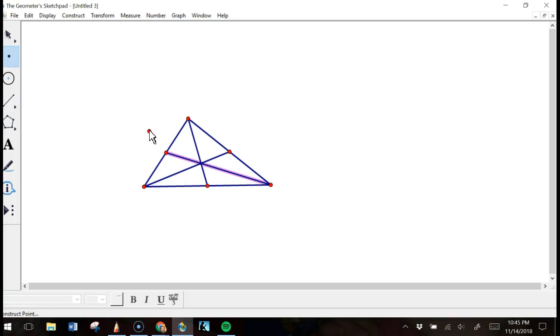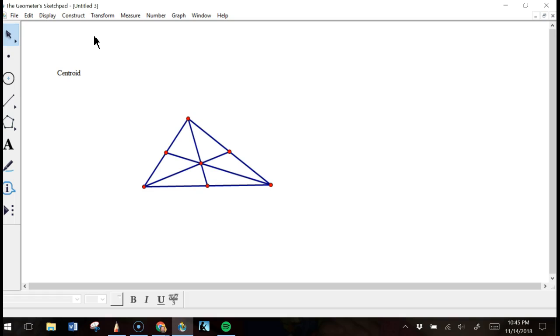And again, they all line up at the same point. This is what we are going to call the centroid of the triangle. Now, if you were to cut this triangle out of the page and put your finger underneath that centroid, it would balance. That point is actually the center of balance for the triangle. We'll look at that a little bit more later on, but it's a pretty useful point.